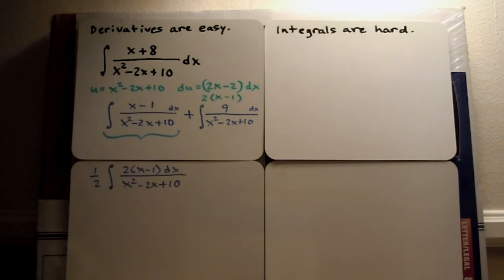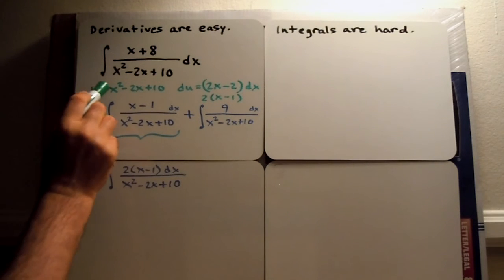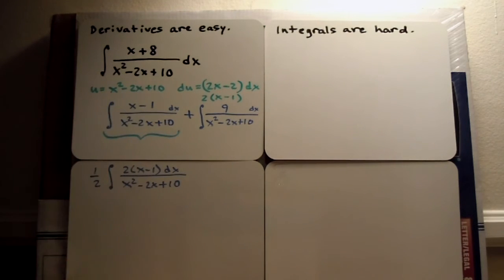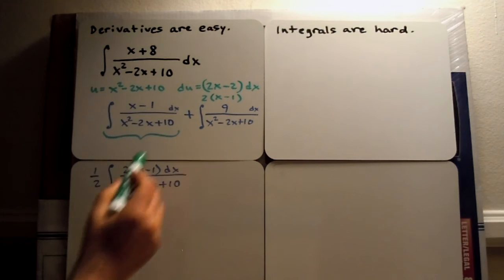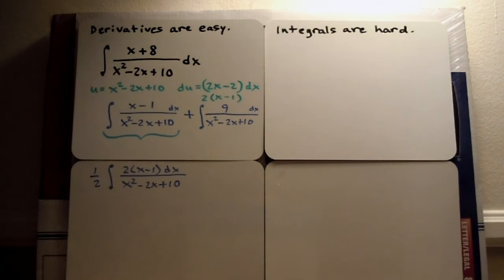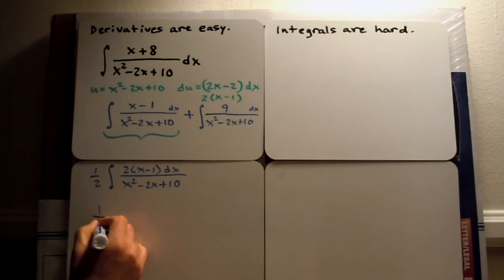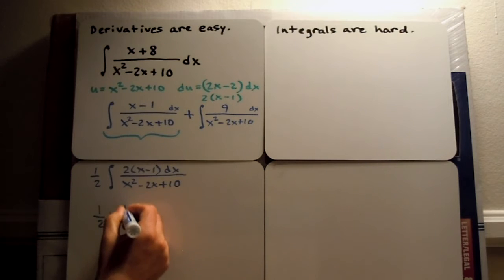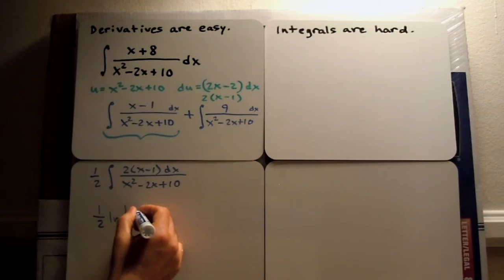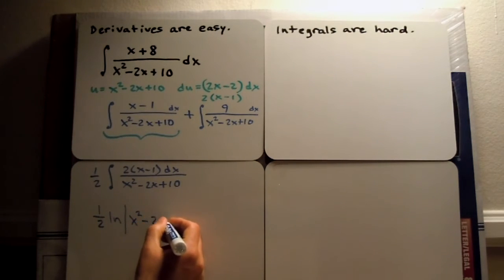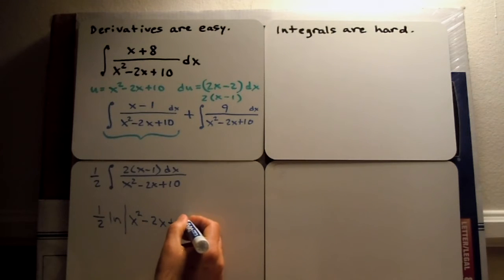And then we actually have a natural log form where we would have the u being x squared minus 2x plus 10 and the du being 2x minus 2. So the first integral becomes 1/2 natural log of the absolute value of x squared minus 2x plus 10.